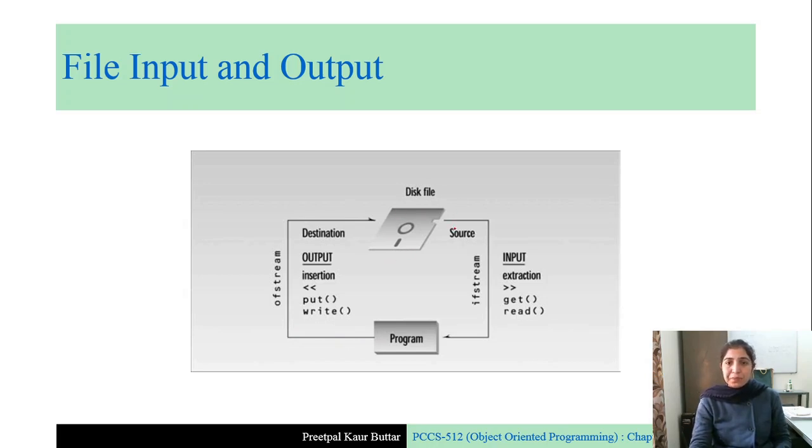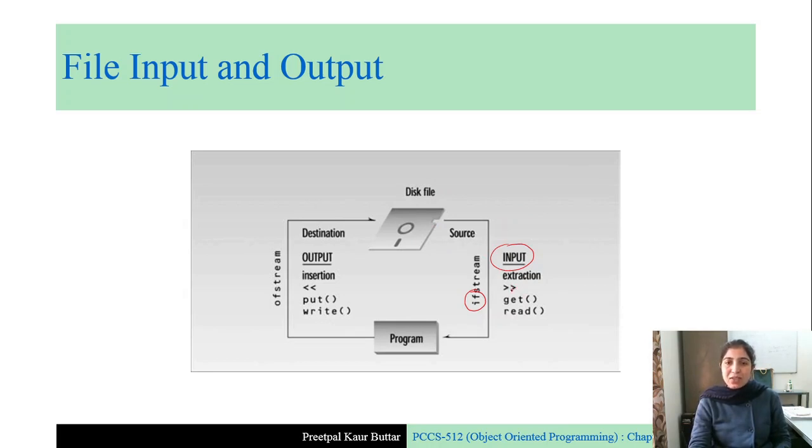Okay, so when the program wants to read the data from this file, that is, we want to input the data to the program, then we have an ifstream, that is input file stream. It means the data is coming from an input file. Now to read that data, we have several options.